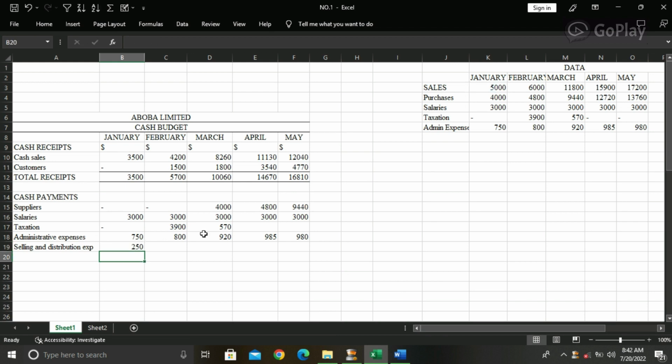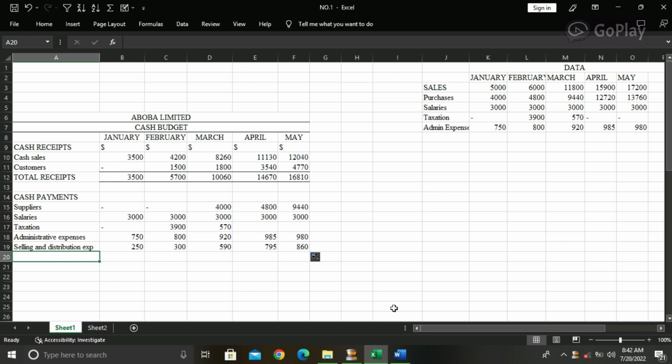So for January, the 5% is 250. Because I'm using Excel to calculate it, I'll just drag it. But if you are using paper or a board, you have to calculate it one by one for each of the 5 months. So here is our selling and distribution expenses.